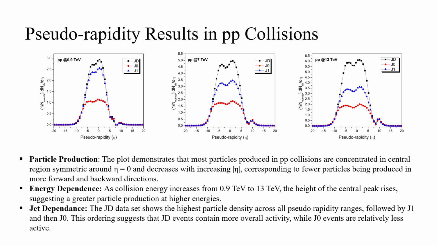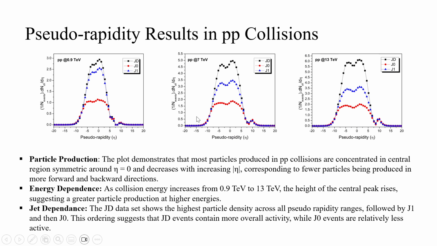As I mentioned, the density of the particles decreases with an increase in mod of eta. So as you increase the value of eta in the forward direction, because this is mod of eta, and if you are decreasing eta, meaning negative, because of the mod it becomes positive. So whether you increase eta in the forward direction or in the backward direction, the density of the particles decreases with increasing mod of eta.